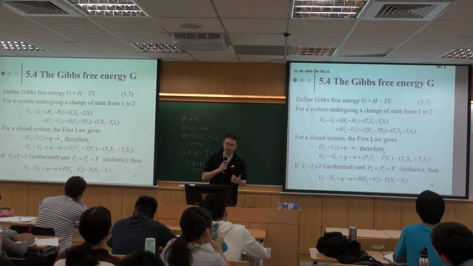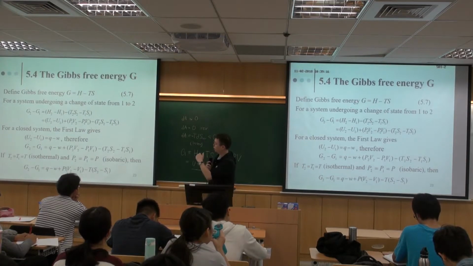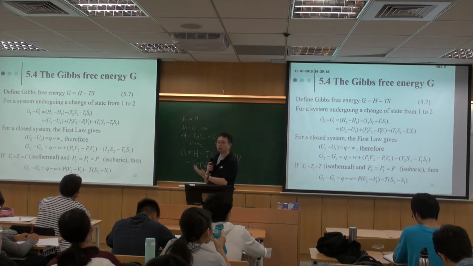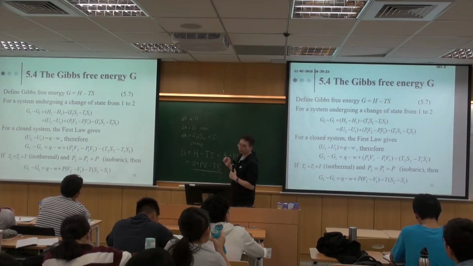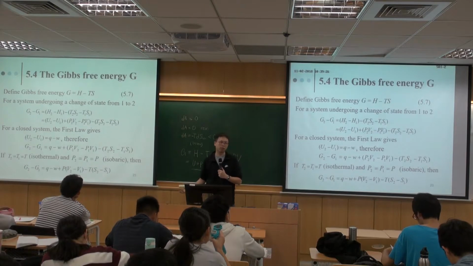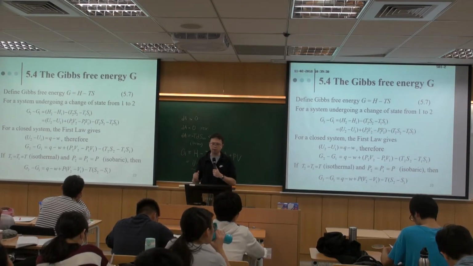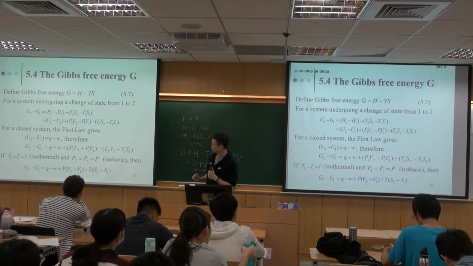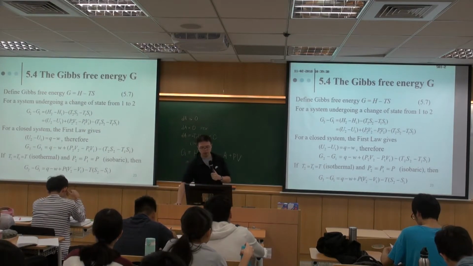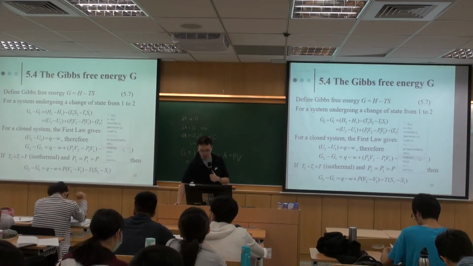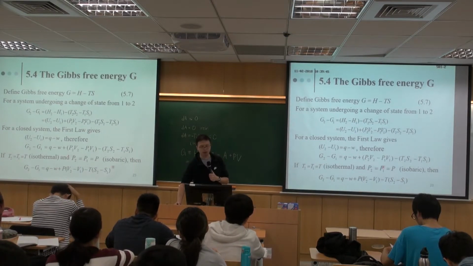Now, when we talk about the Helmholtz free energy, when we have this kind of expression, we start to introduce our constraints. For instance, when dealing with Helmholtz free energy, we say this is an isothermal process. Then we start to do some math. In this case, we have two constraints introduced here: temperature is a constant, and pressure is also constant.